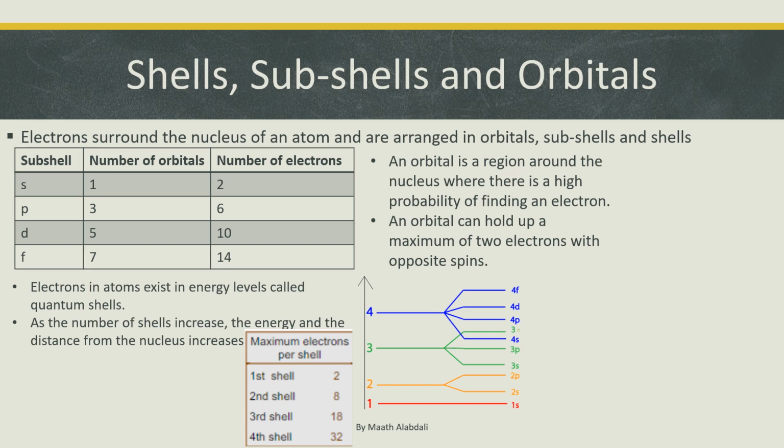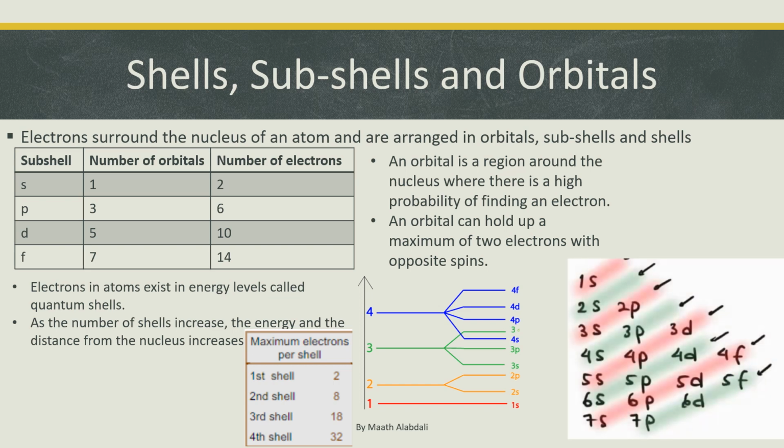I'm going to explain why the 4S overlaps the 3D. If you look here, that is how the electron configuration is done. First is 1S, which has a total of 2 electrons, then 2S, which has 2 electrons, then 2P, then 3S, then 3P, then 4S, then 3D, then 4P, then 5S, then 4D, then 5P, then 6S, and it goes further on.